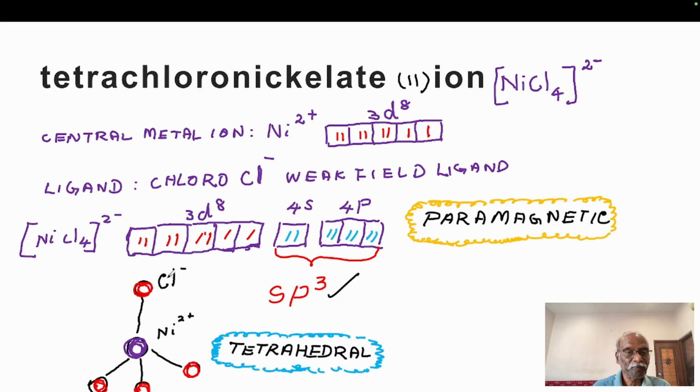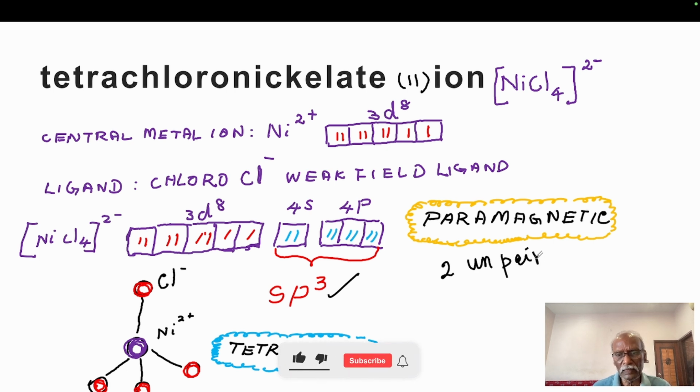When we see the magnetic behavior, there are 2 unpaired electrons in the 3d subshell of this nickel, and hence the compound is paramagnetic due to the presence of 2 unpaired electrons.